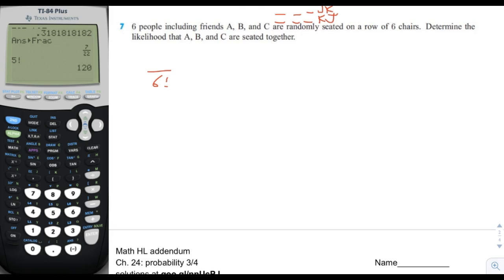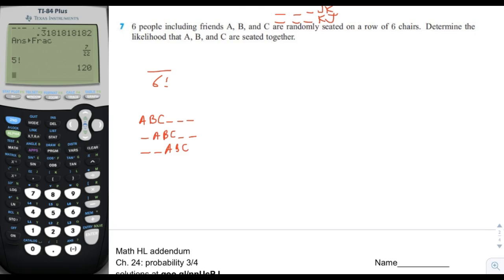And for the top, we have A, B, C sitting together, and then we have 3 other chairs. And how many different ways are there to arrange A, B, C? There's 3 times 2 times 1 ways, right?